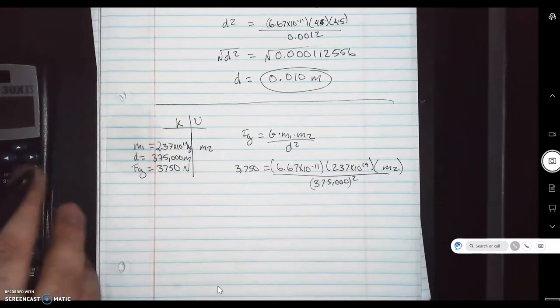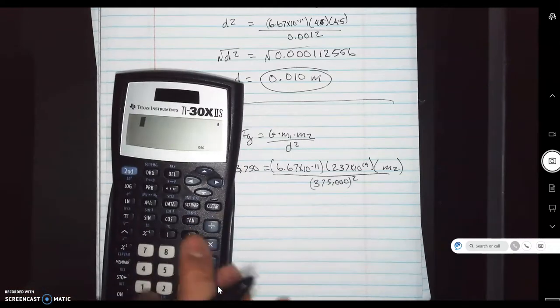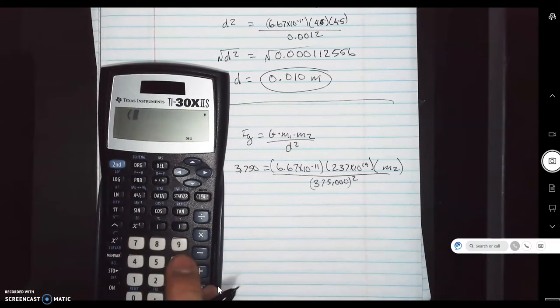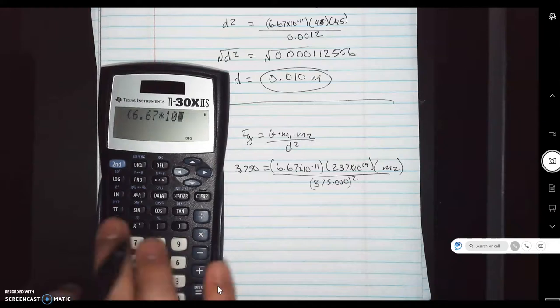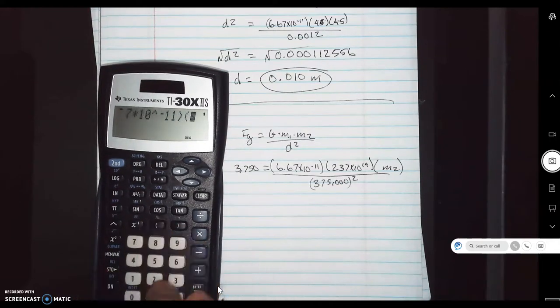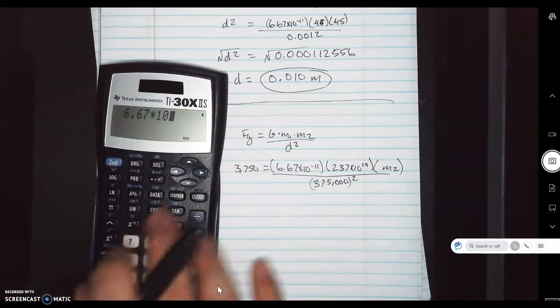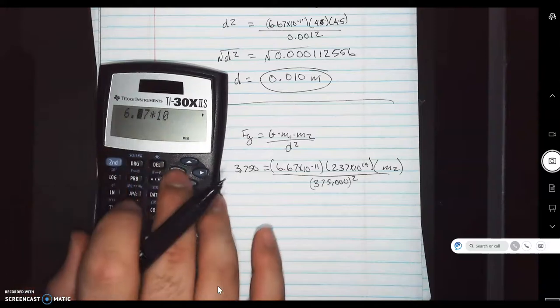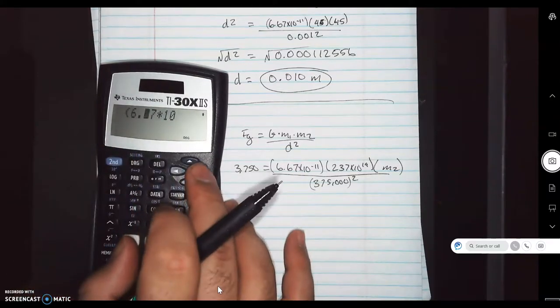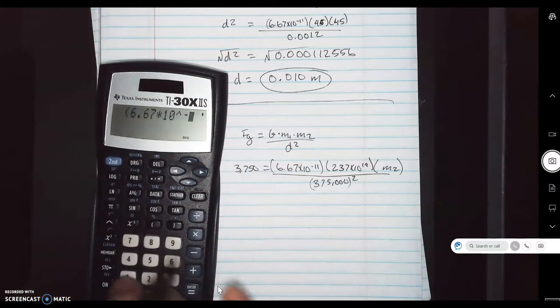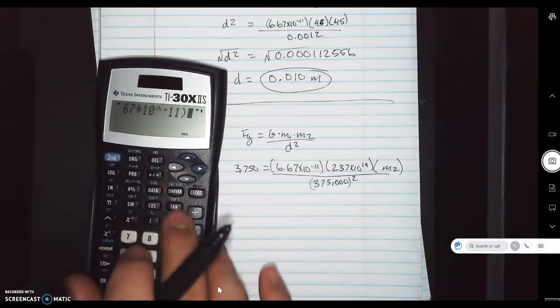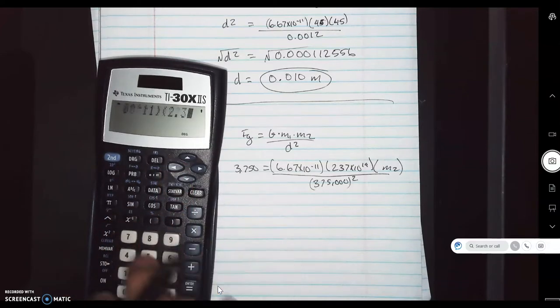And I'll show you how I do it just with one step in the calculator. So taking your calculator, right, open your parentheses, 6.67 times 10 to the negative 11th, close parenthesis, open parentheses, 2.37 times 10 to the 19th, close parenthesis.